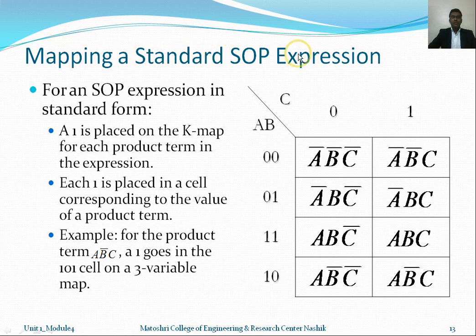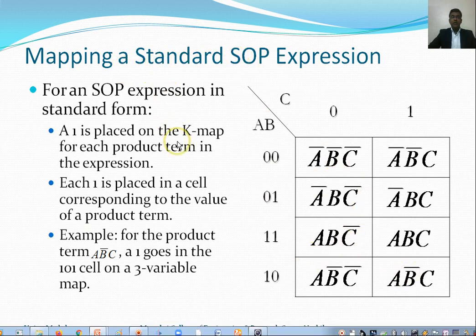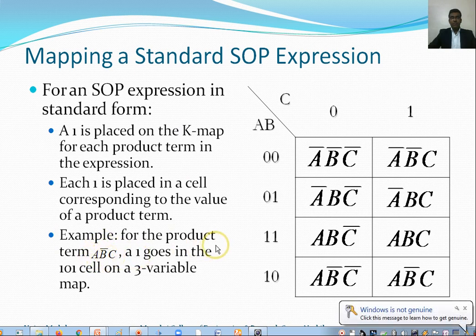Mapping of standard SOP expressions. We look at the 3 variable K-map for SOP. Now, how can we map standard SOP expressions? We take one example here, A B bar C, and we indicate the A B bar C location as a 1. So where is A B bar C?